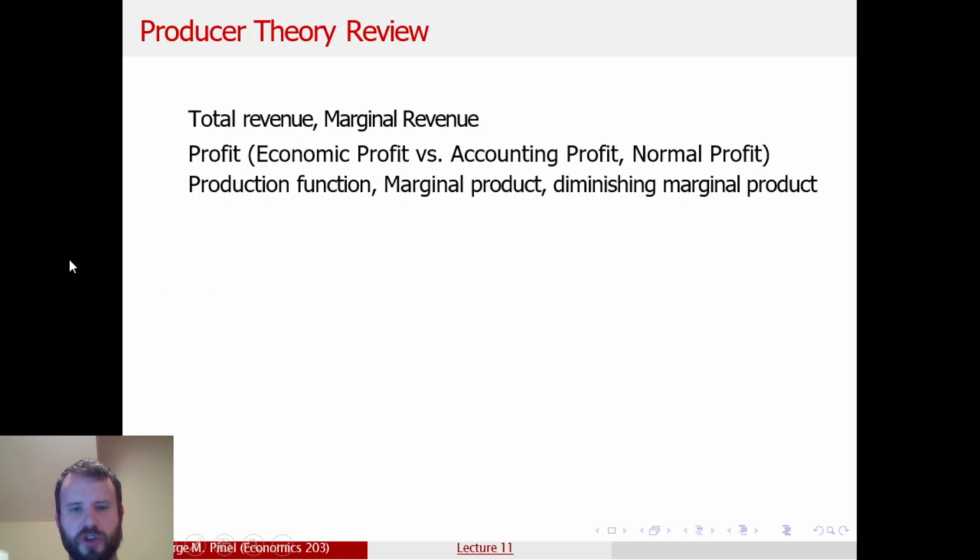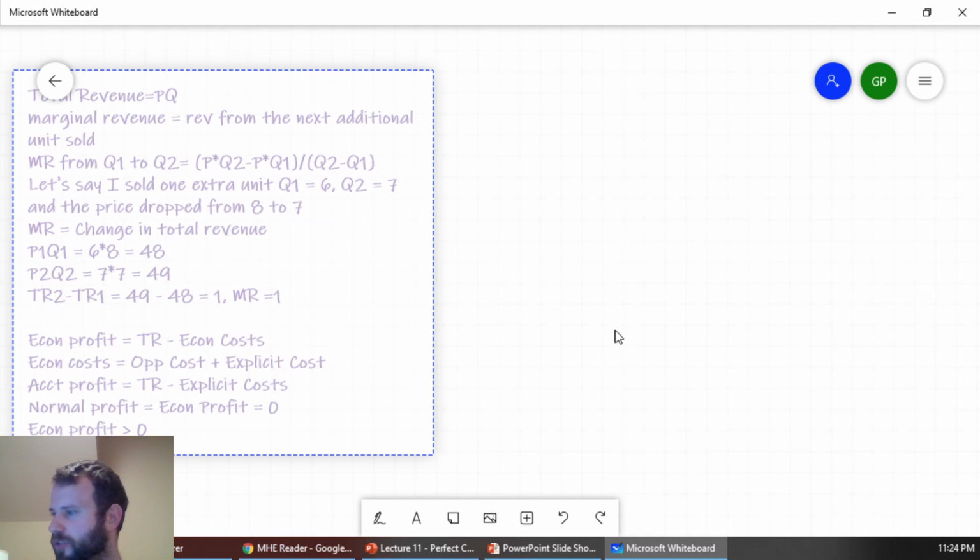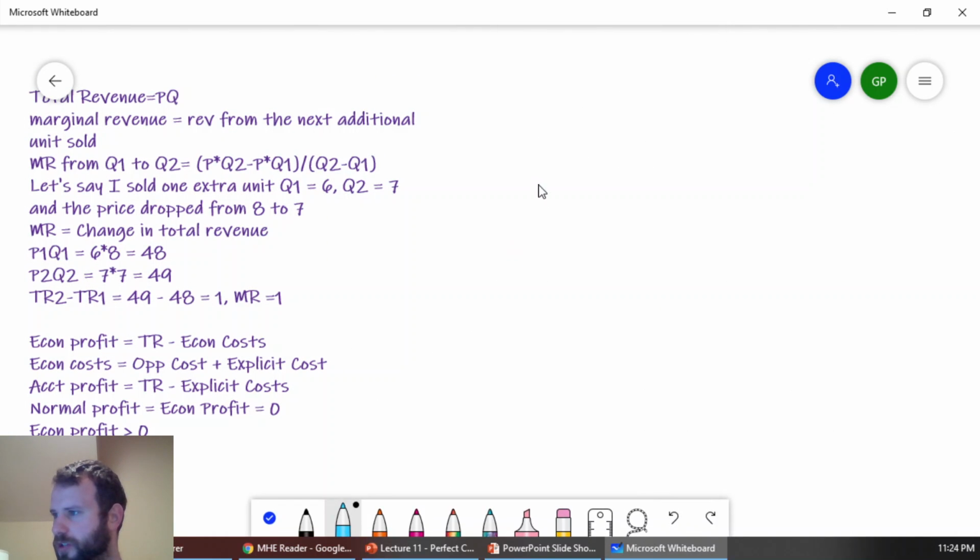Typically, we assume that the production function has diminishing marginal product. And what do I mean by that? So usually a production function, okay, this is your input, this is your output.